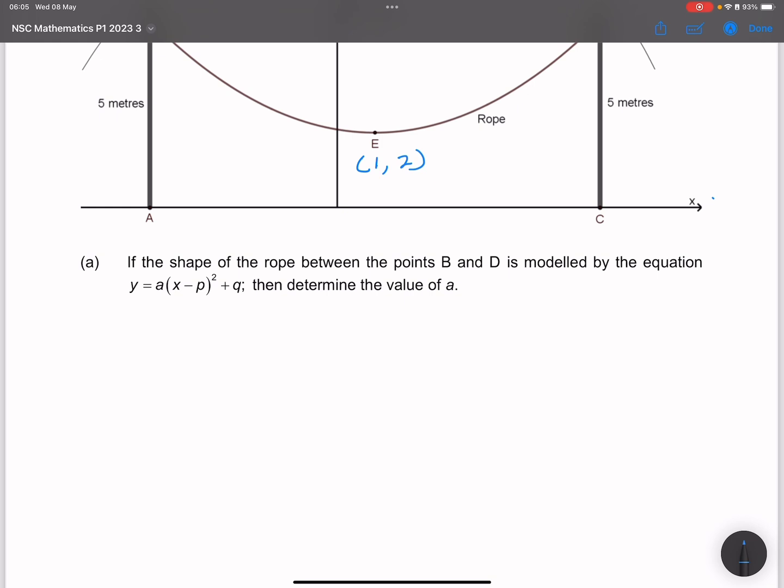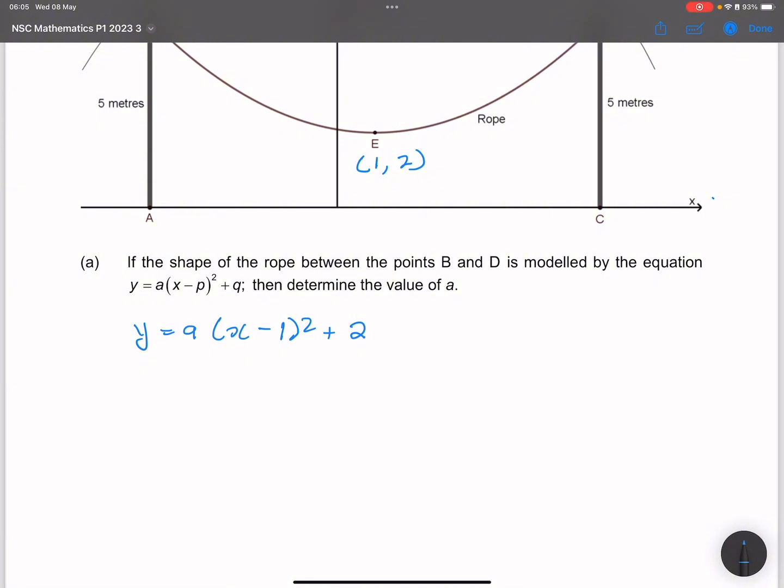Now I want you to please note, ladies and gents, that means we already know what the values of p and q are. So that's going to be (x minus 1) squared plus our q value is going to be 2, right? Okay, so we need to find the value of a.